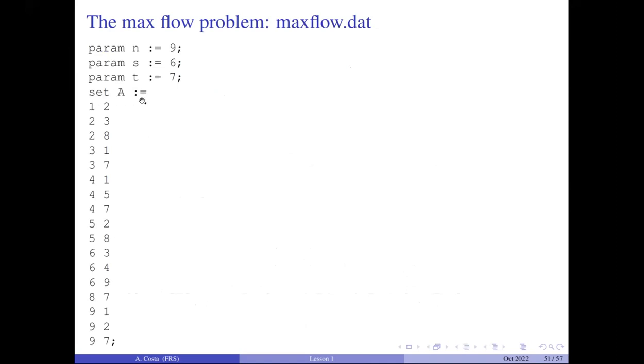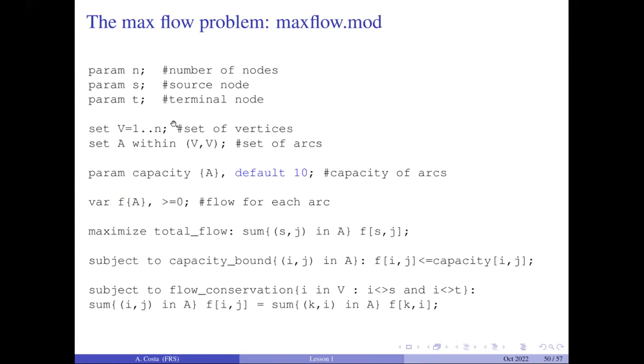So the way to define set A, because we wrote here that it is a subset of V×V, it means that each element of A must be characterized by an element of V followed by an element of V. And V is what? V is the set of vertices, so 1 to 9, the index of the vertices.